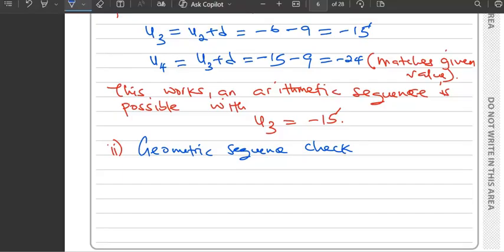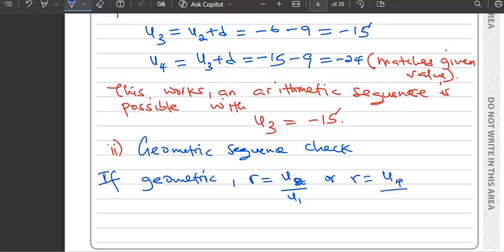So if geometric, then the common ratio can be given as either, if we pick the first two, u2 divided by u1, or if we pick the third and fourth terms, r equals u4 divided by u3.